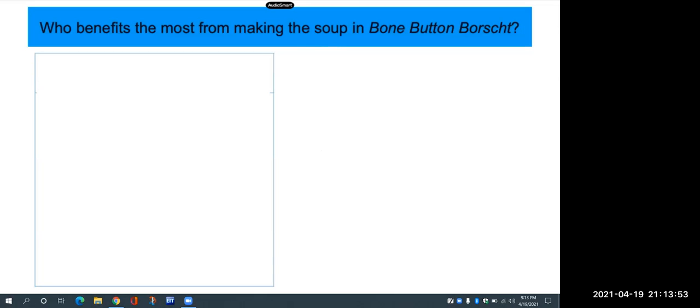Before we form an opinion, we know that it's very important to look at all the evidence. Let's take a look at our question again. Who benefits the most from making the soup in Bone Button Borscht? Let's first take a look at the townspeople and how they may have benefited from making the soup. Ready? Here we go.